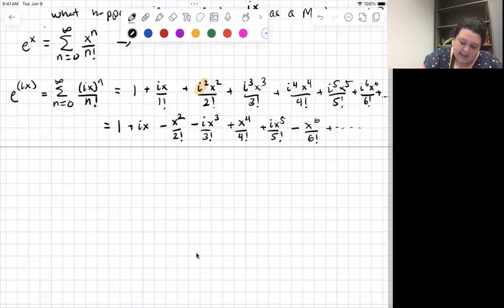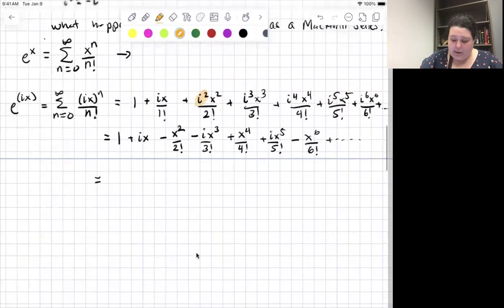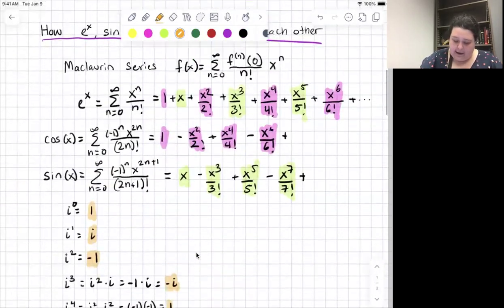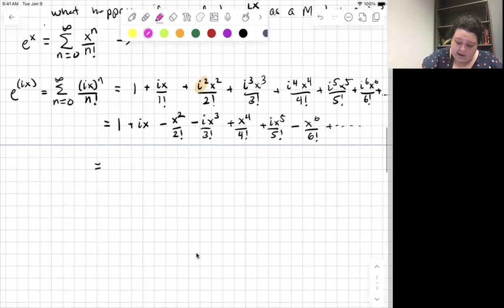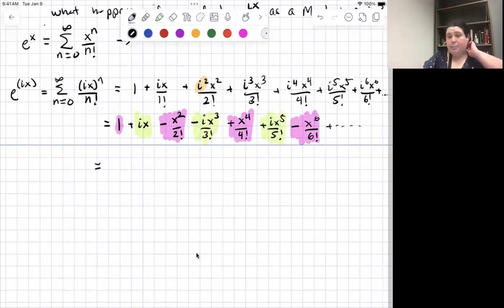But let's start reorganizing these. What I'm going to do is say that some of these values are going to be pink. So this whole one, this one here, and this one here. And some of these values are going to be green. Now, why I'm doing this, I'm splitting up those even powers and those odd powers.